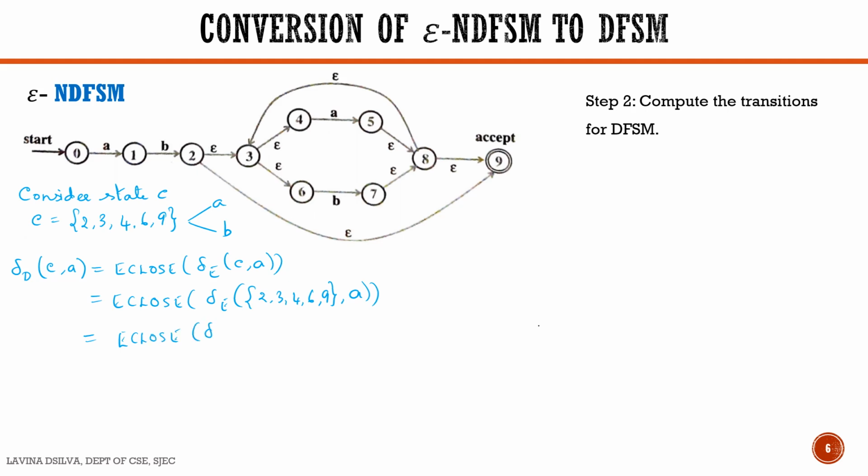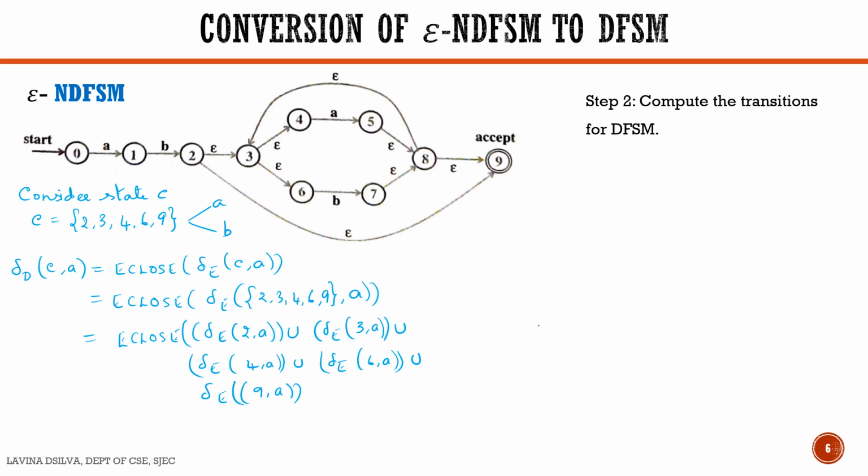E closure of delta E 2 comma A union delta E 3 comma A union delta E 4 comma A union delta E 6 comma A union delta E 9 comma A.